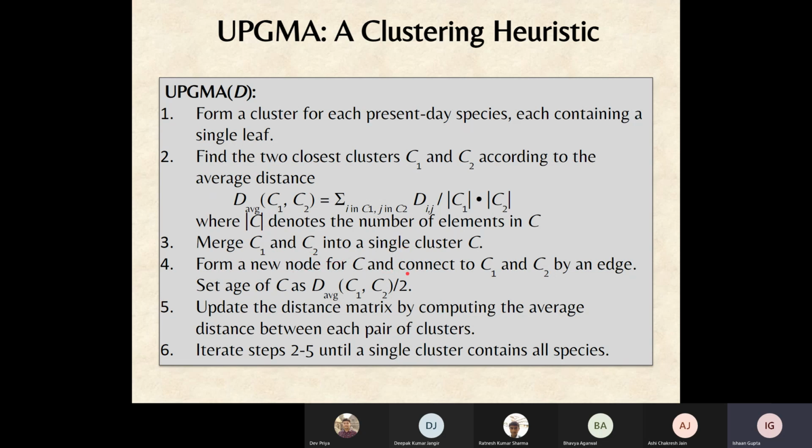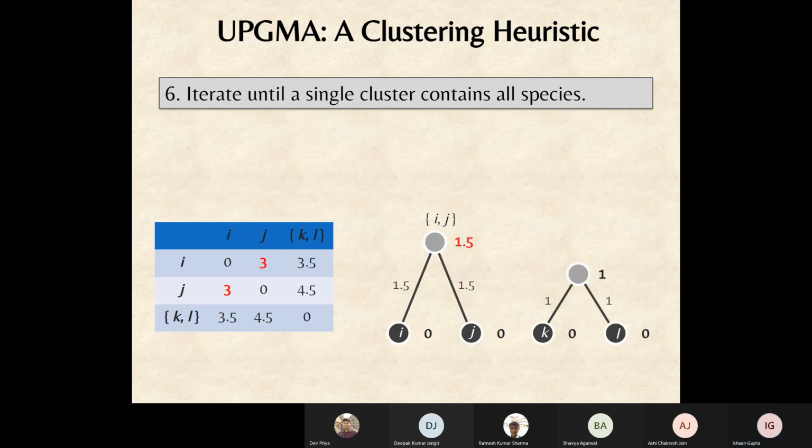The new node is going to have different edge weights, which can be calculated by taking the averages of the existing edge weights. You update the matrix by computing the average distance between each pair of clusters. And then you go back to the second step, until you are left with just a single node where everything has been combined. Is this clear?